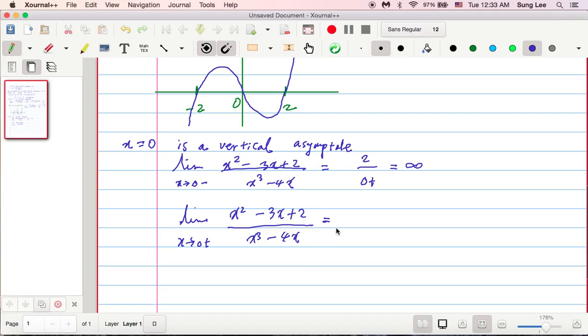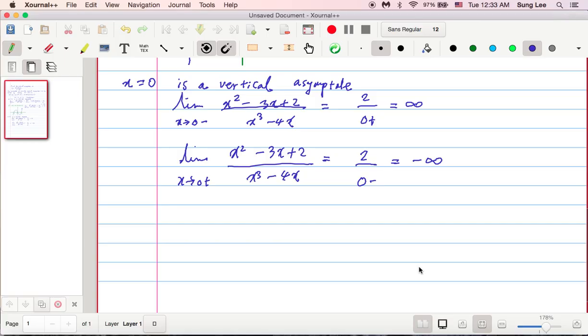All right? So that's going to be 2 over, when x approaches 0 from the right side, the graph is below x-axis, so it's going to be 0 minus. So negative infinitesimal. Overall, so this whole thing is going to be negative infinity. Good.